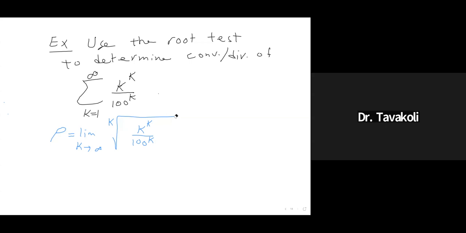If there was a negative before the fraction, that absolute value makes that negative disappear. And what is kth root of k to the power of k over 100 to the power of k? Using basic algebra, this is going to be equal to, let me keep the limit sign, kth root of k to the power of k is just k, and kth root of 100 to the power of k is 100.